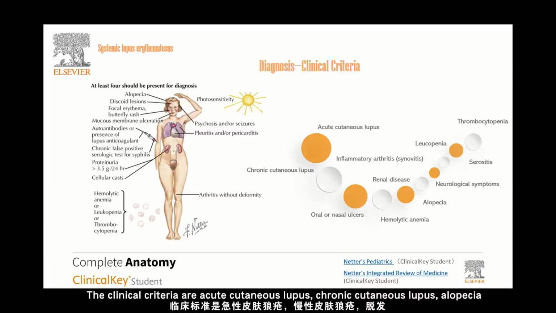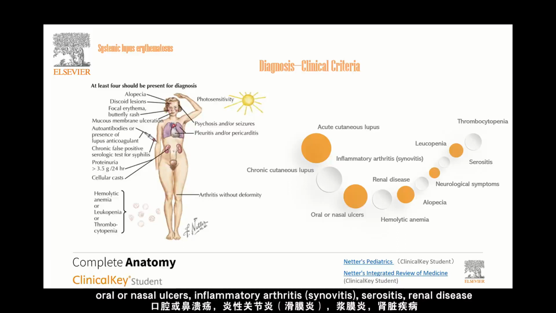The clinical criteria are acute cutaneous lupus, chronic cutaneous lupus, alopecia, oral or nasal ulcers, inflammatory arthritis, synovitis, serositis, renal disease, neurological disease, hemolytic anemia, leukopenia, and thrombocytopenia.